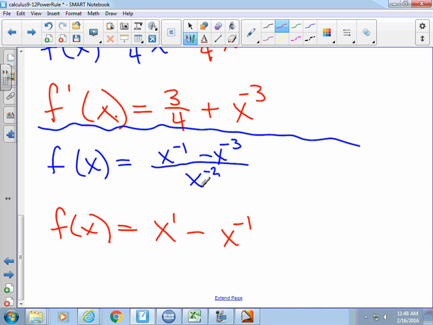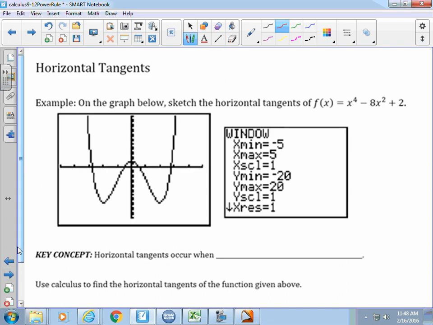I'm dividing both pieces by x to the negative 2. F prime would then be what? 1 minus 1 plus 1. Okay, negative 1 minus 1. Yes. Okay, we'll talk about that tomorrow.